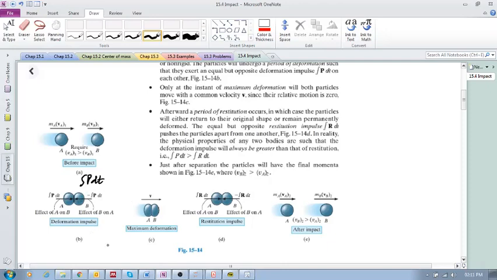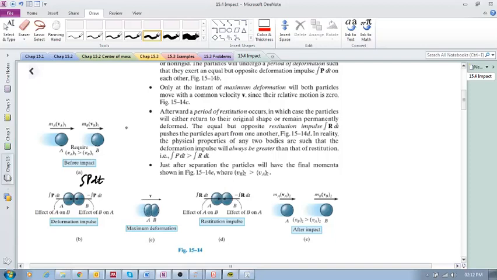The next step is that they have maximum deformation. Both particles have maximum deformation, meaning they can't compress anymore, and at this instant we have the same velocity. If you look at one of the previous examples, it's exactly what was happening there.